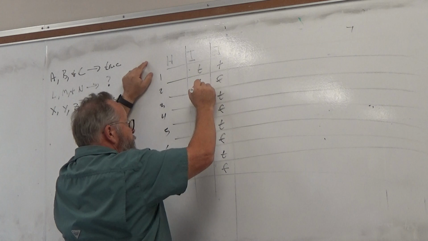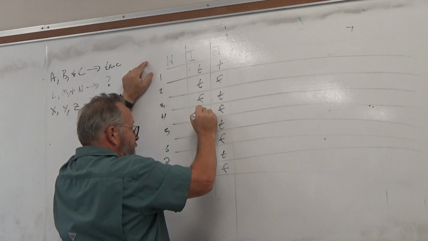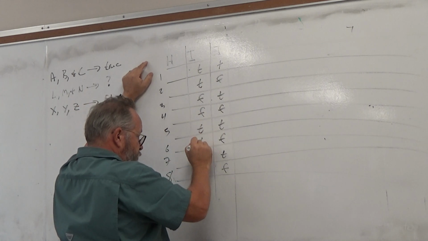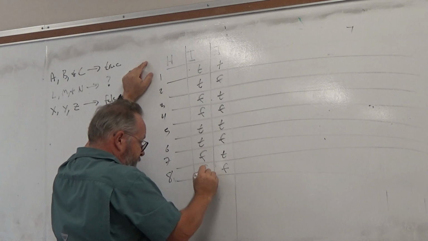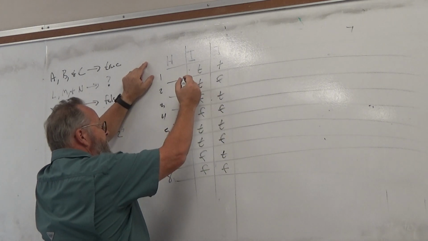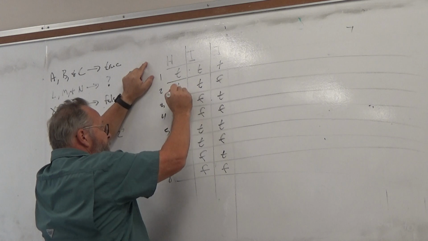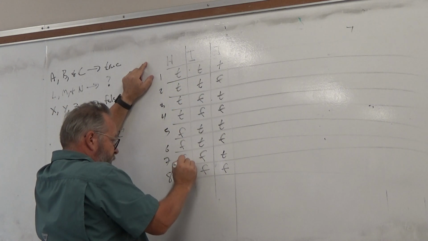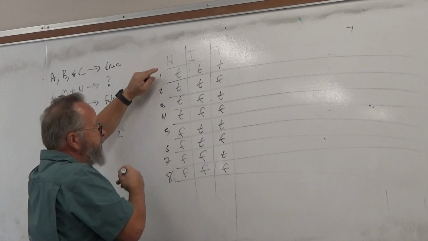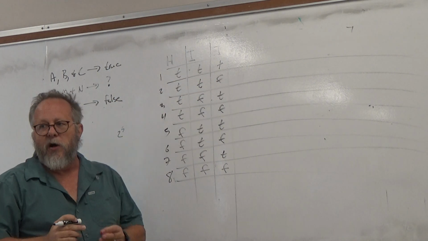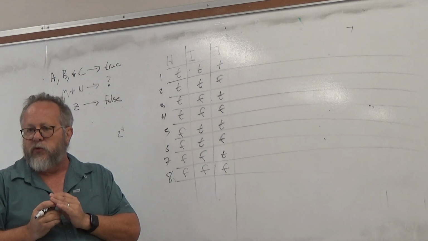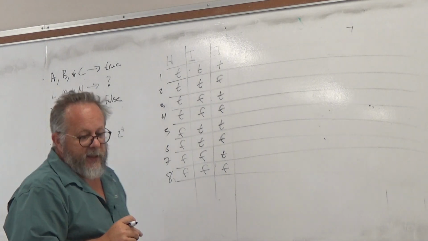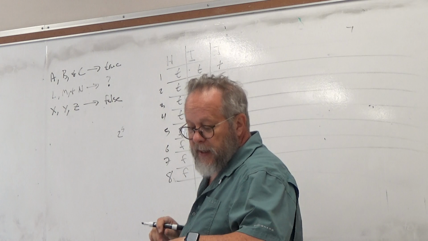So we have true, true, and then false, false, true, true, false, false. And when we move over, we double again. So now we have 4 trues and then 4 falses. If you follow that simple pattern of filling this in, that gets you all the possible truth combinations.